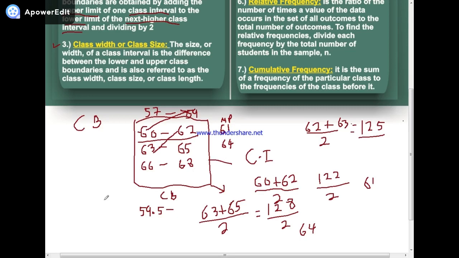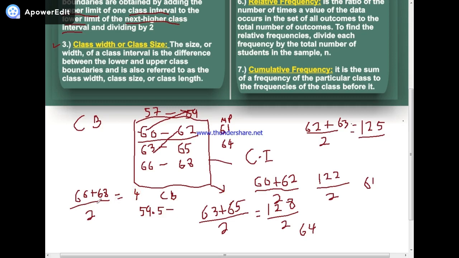And also if we do this one, it's going to give you 67. That is 63 plus 68, divided by 2. Now 63 plus 68 will give you 8 plus 6, that is 14. That is 4, carry the 1.